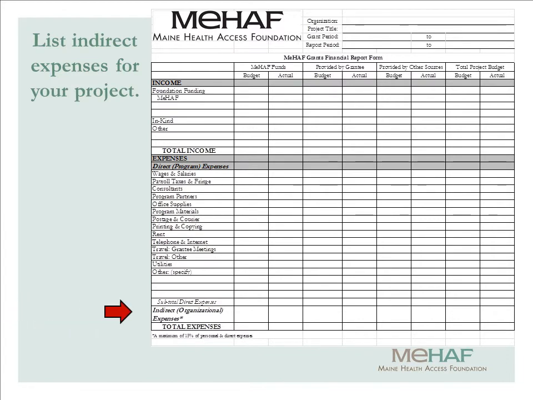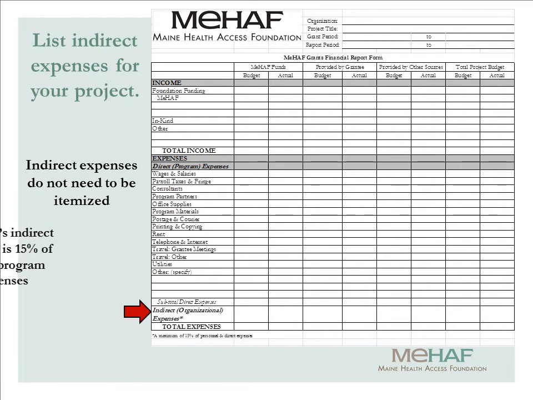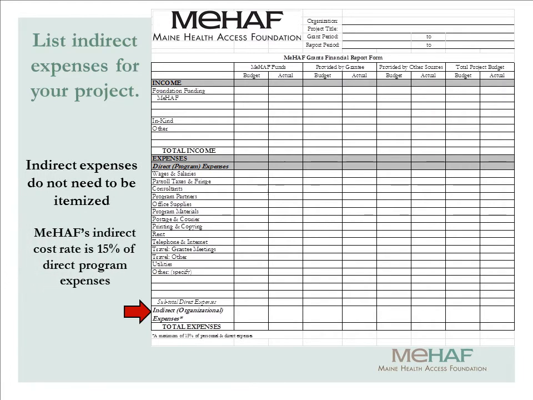Include indirect costs. Indirect costs are the expenses incurred by an organization in the execution of its activities and not identified with a particular activity. We do not require grantees to itemize indirect expenses, and we allow an indirect cost rate of 15%. That means 15% of direct program expenses, not 15% of the total grant amount.